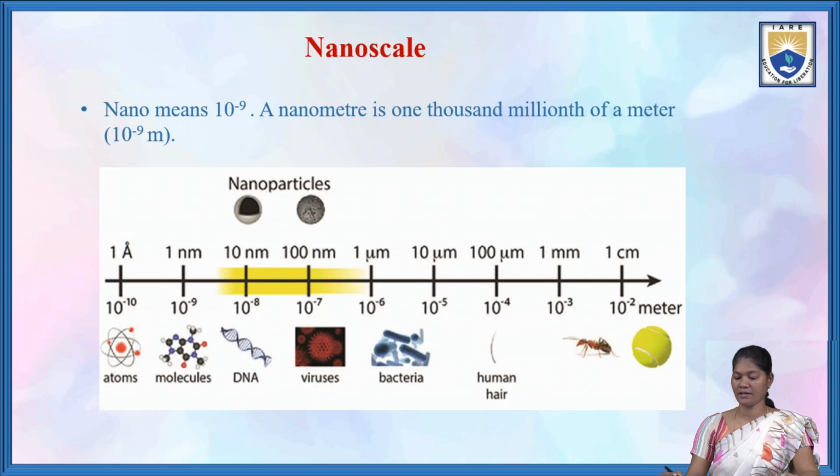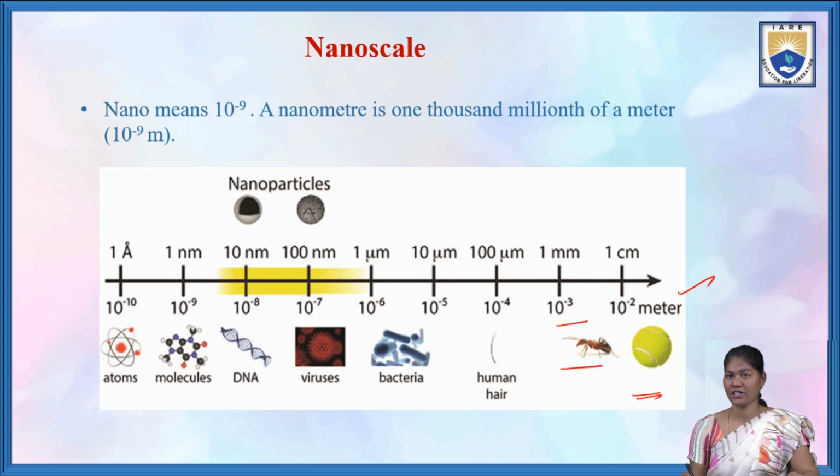Taking 1 centimeter, like a tennis ball, in terms of meters the size is 10 power minus 2 meters. If we divide by 10, we get 10 power minus 3.